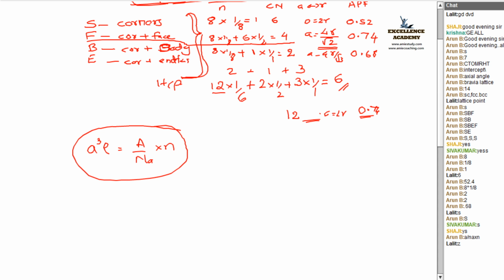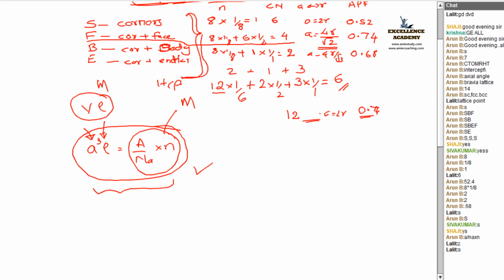What is a cube? That is the volume of the unit cell. Rho is density. Volume into density means mass. A by Na into N is also equal to mass, so we are equating the mass. We got an expression like this. Simple problems will be asked based on this. These are the topics we discussed till the previous class.